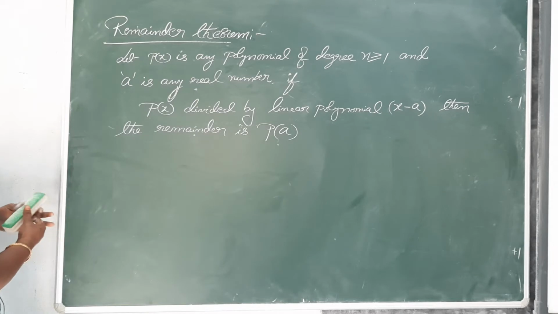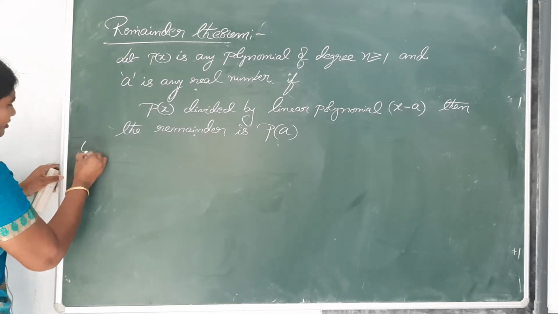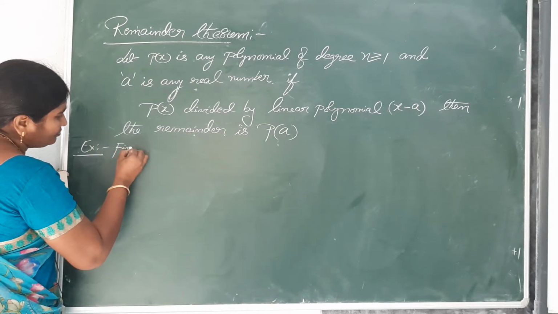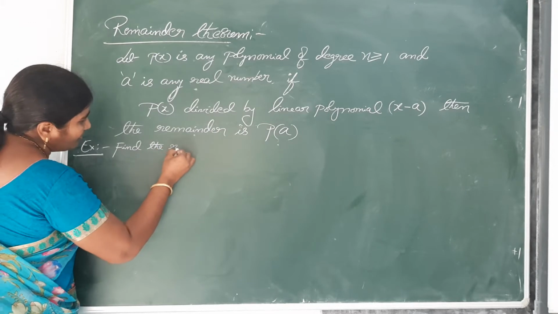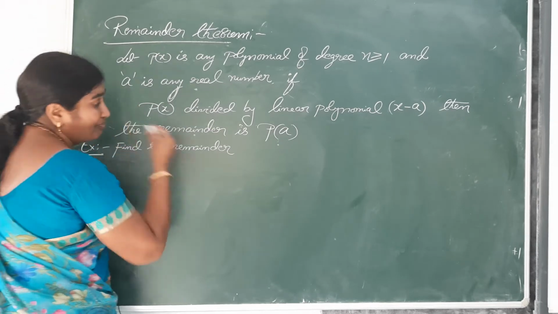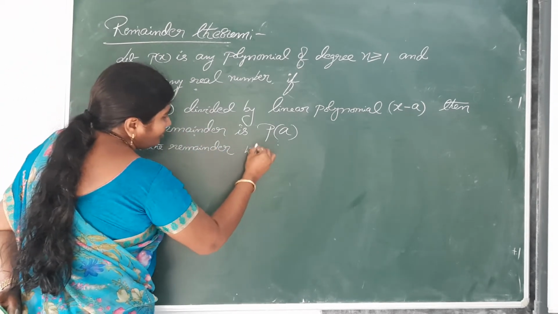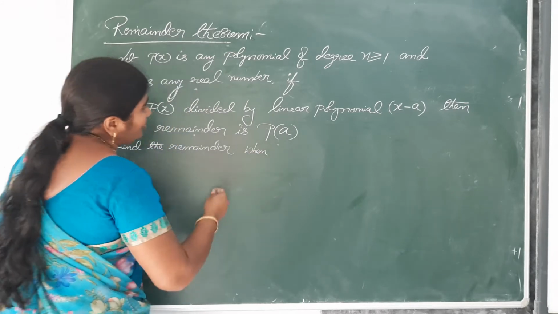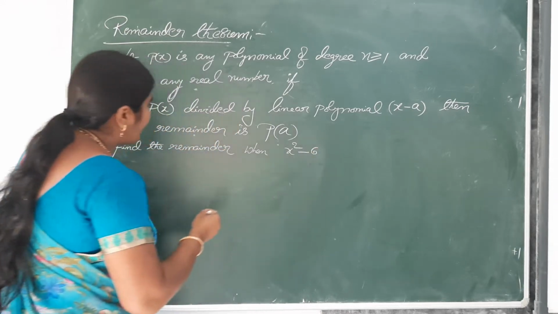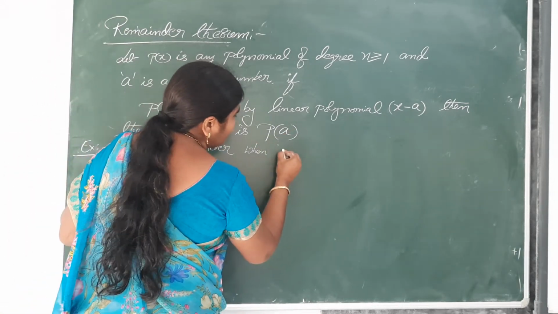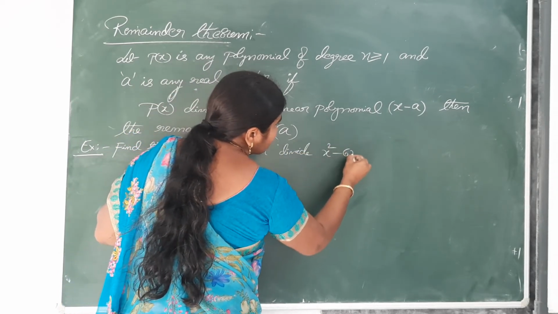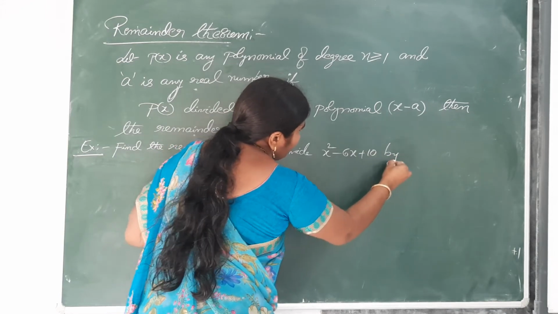Okay, let us see one example. Find the remainder when x square minus 6x plus 10 is divided by x minus 2.